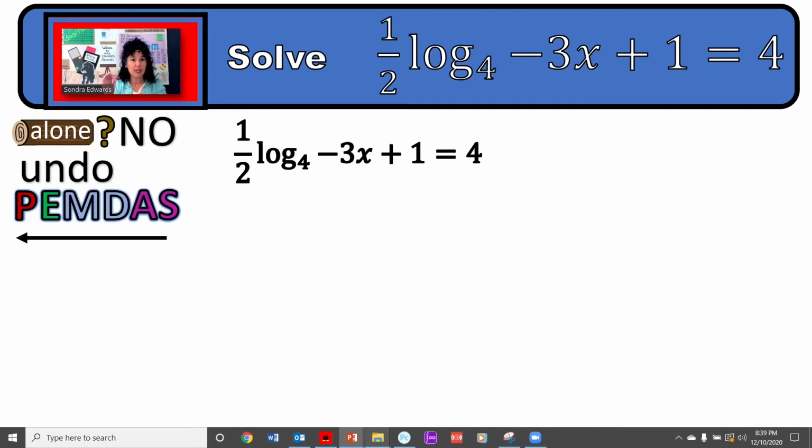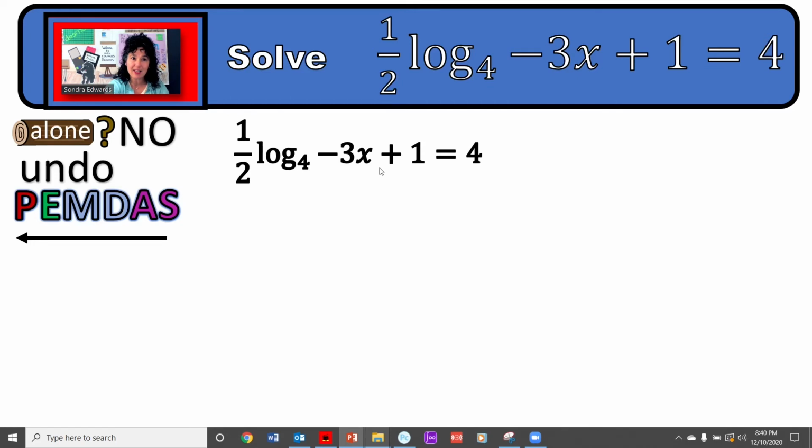Well, if the parentheses have been left off, then the only thing that, for lack of a better word, attaches itself to the logarithm is multiplication. As soon as we get to something other than multiplication, that is separate. So negative 3 multiplied by x, those are both multiplication, so it's going to attach to the log.